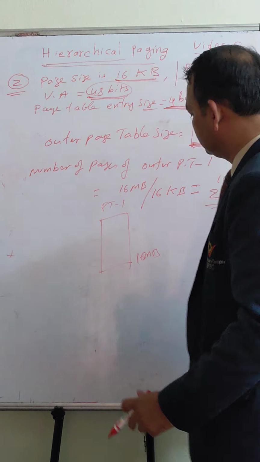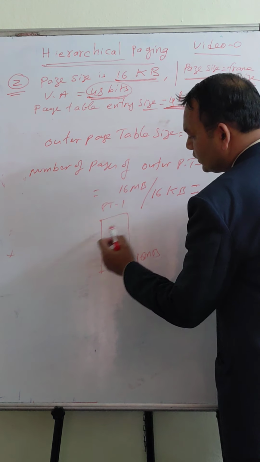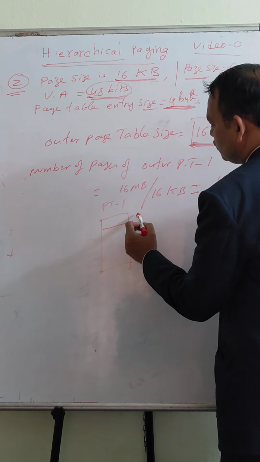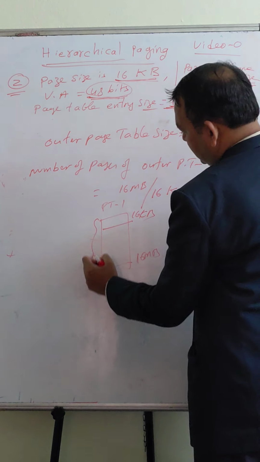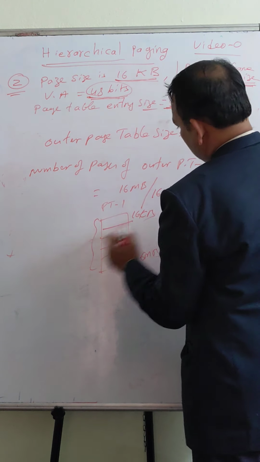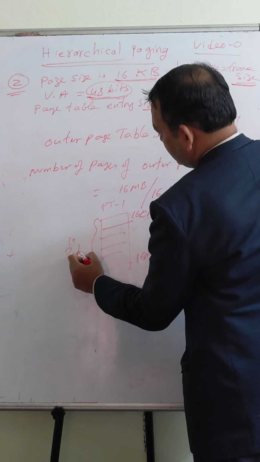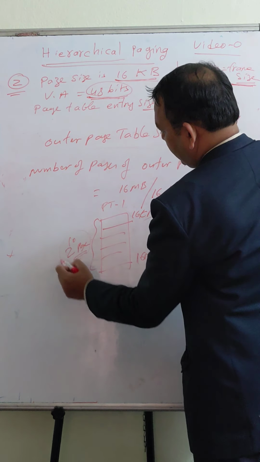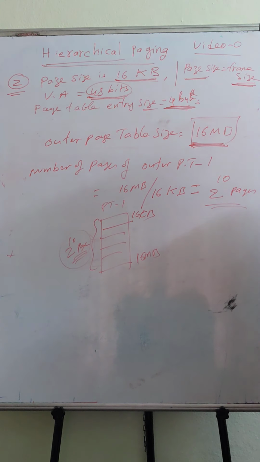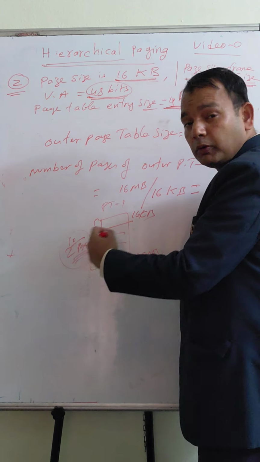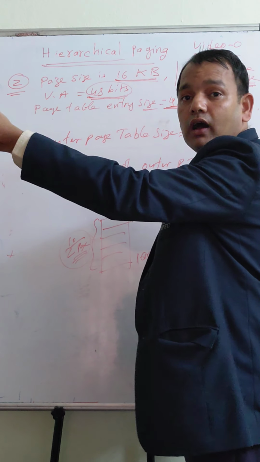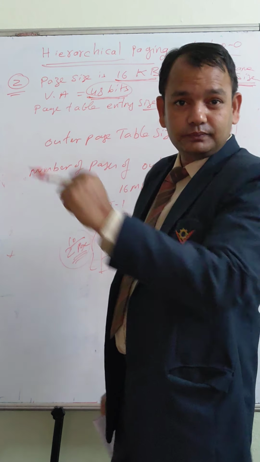into smaller page tables. So we'll divide this into a number of pages. Each page is 16 KB. If we divide this, how many pages do we get? 2^10 pages. These 2^10 pages should be stored in outer page table 2, PT2.